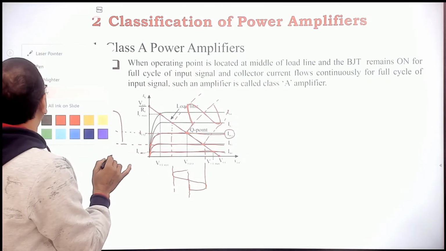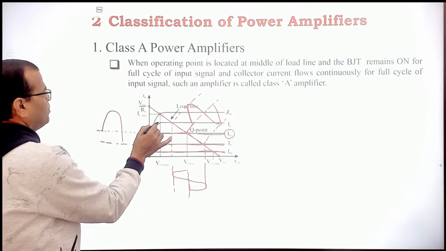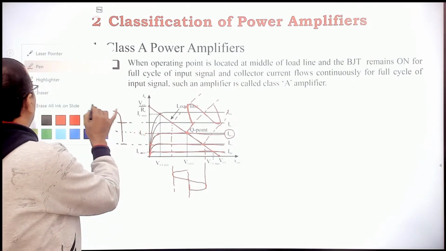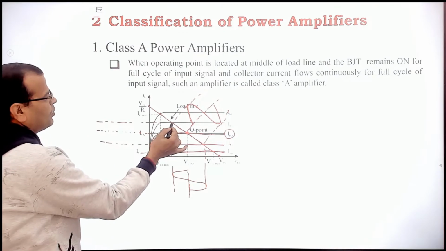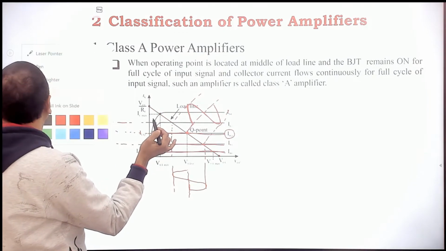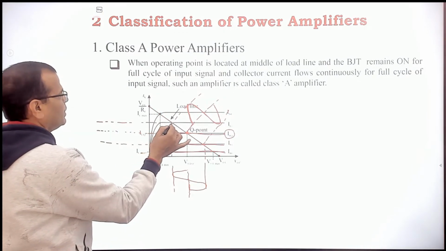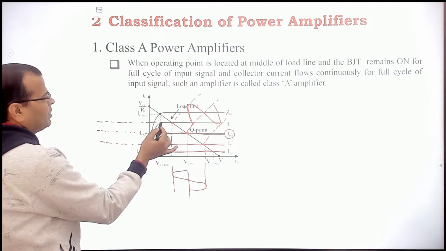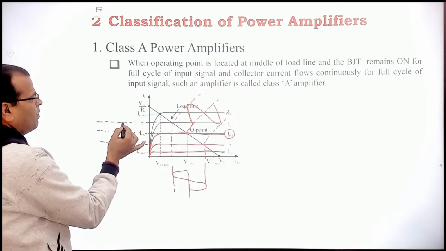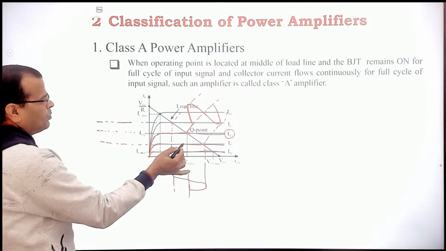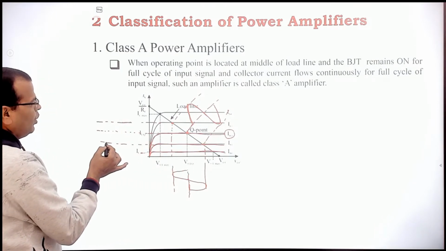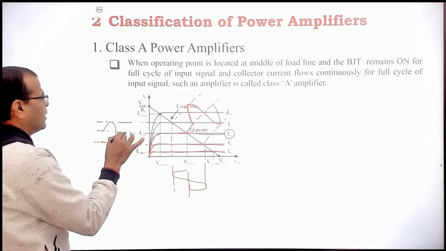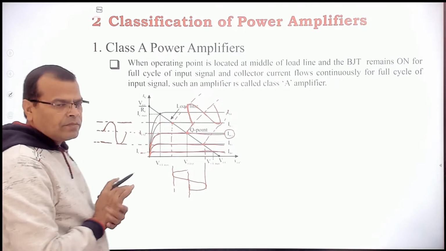We will see the variation. How am I taking it? I am taking the corresponding point, because base current is varying from here to here. So the corresponding variation in collector current gives the upper limit of the collector current and the lowest limit of the collector current, and that is how the collector current is varying, right?